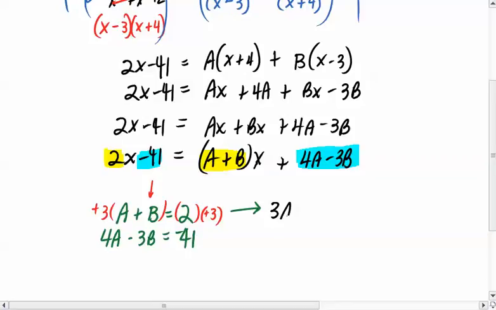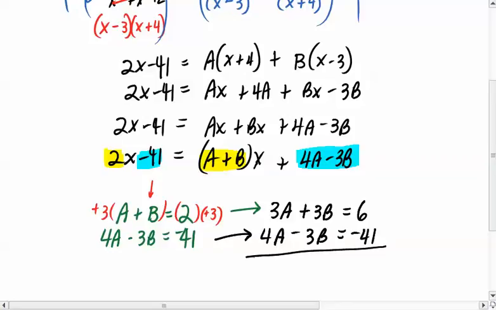Now, here we go. So I have 3a plus 3b is equal to 6. Now, let's just copy this one. 4a minus 3b is equal to -41. And let's take a look. That goes away. That gives 7a is equal to -35, and a is equal to -5.